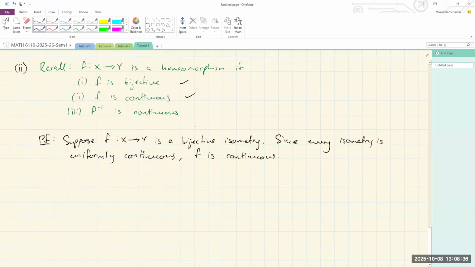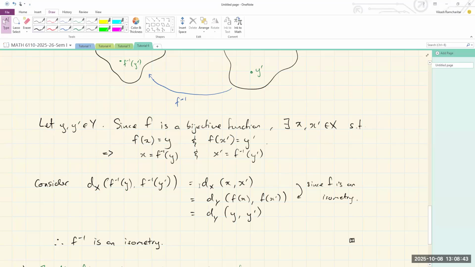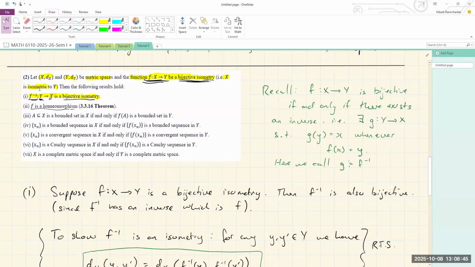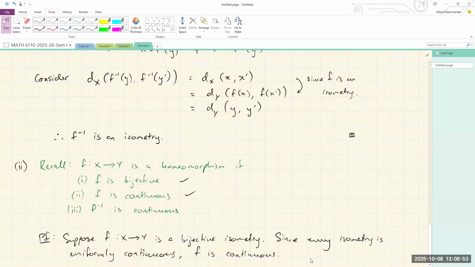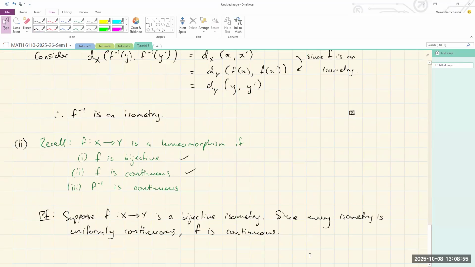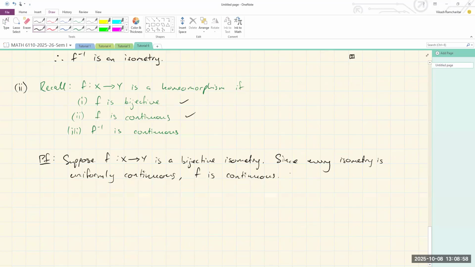And now is condition three also true? Is f inverse continuous? What did we just prove in the first part? We showed that if f is a bijective isometry, the inverse is also an isometry.